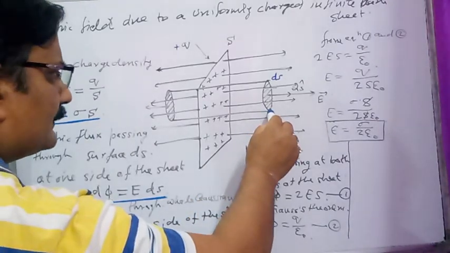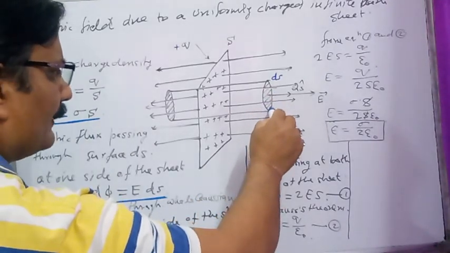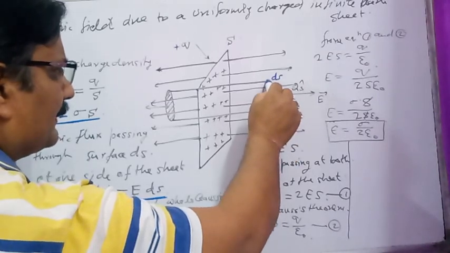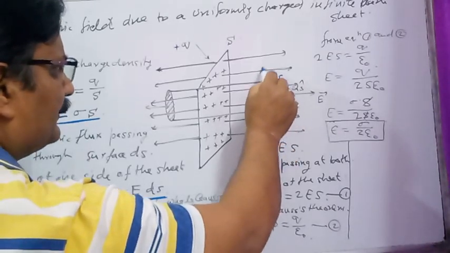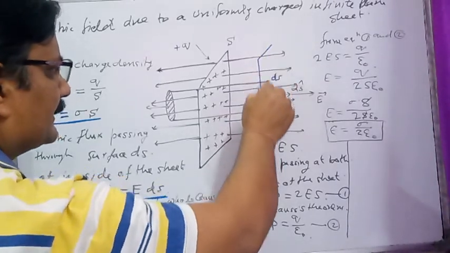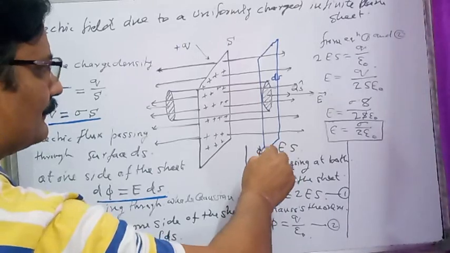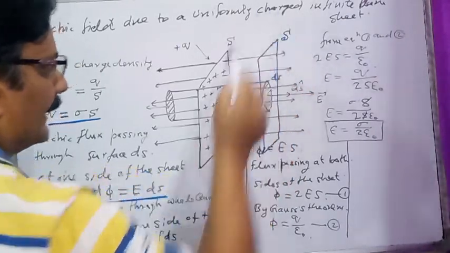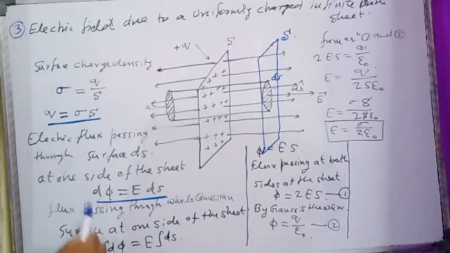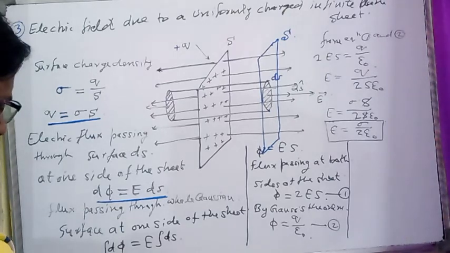If we increase this surface area ds, the maximum surface area of this surface can be equal to the surface area of the sheet itself, and that is going to be S. So if we integrate d phi is equal to E into ds, the flux passing through the whole Gaussian surface at one side of the sheet is integral d phi equal to E times integral ds.